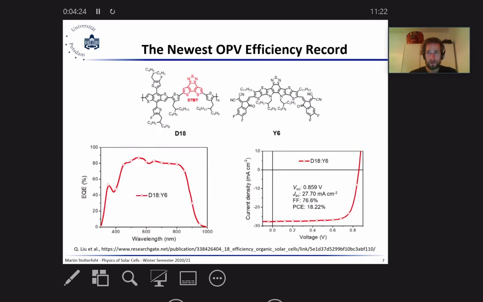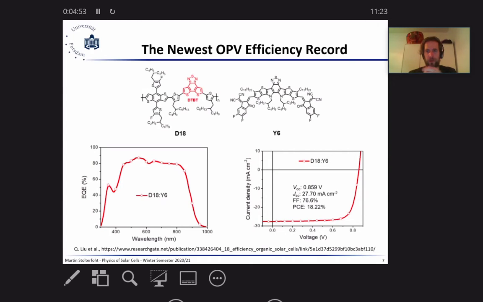All right. What about organic solar cells? They were stuck for a long time before the introduction of non-fullerene acceptors. When I was researching organic solar cells, the acceptor unit was always a fullerene, which is like C60 with a polymer chain attached, for example.